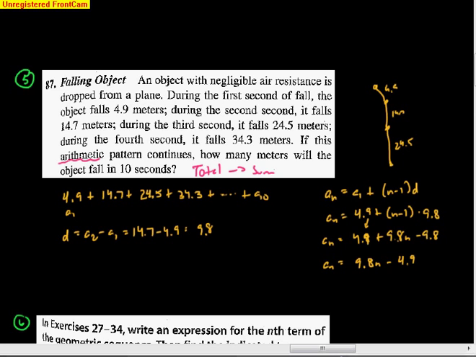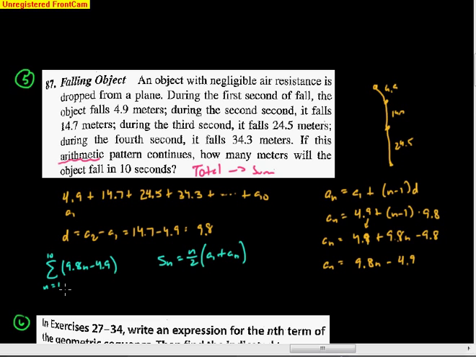So what I'm really looking for is a partial sum in this problem. I'm looking for the sum, with n from 1 to 10, because it's after 10 seconds, of this formula, 9.8n minus 4.9. So if I ask you to write it in sigma notation, this is what you're looking for: the first term, the last term, and then that a sub n. To find this sum, I need the number of terms divided by 2 times the first term plus the last term.